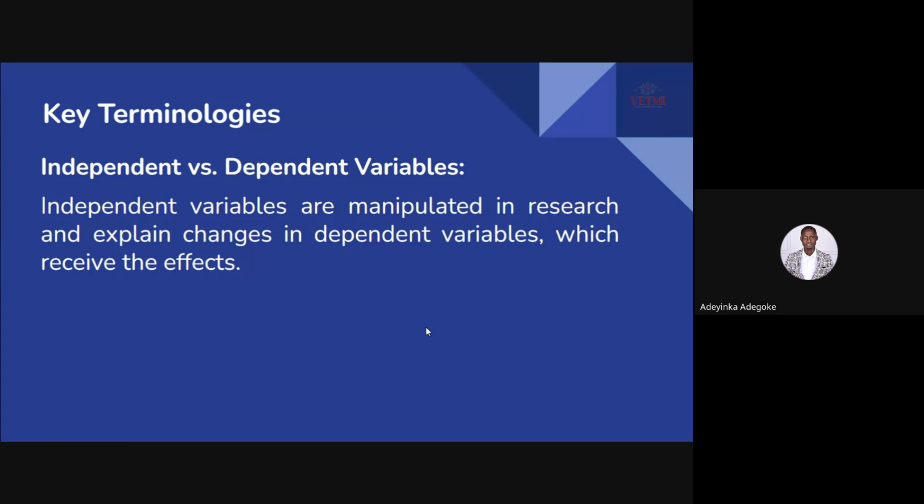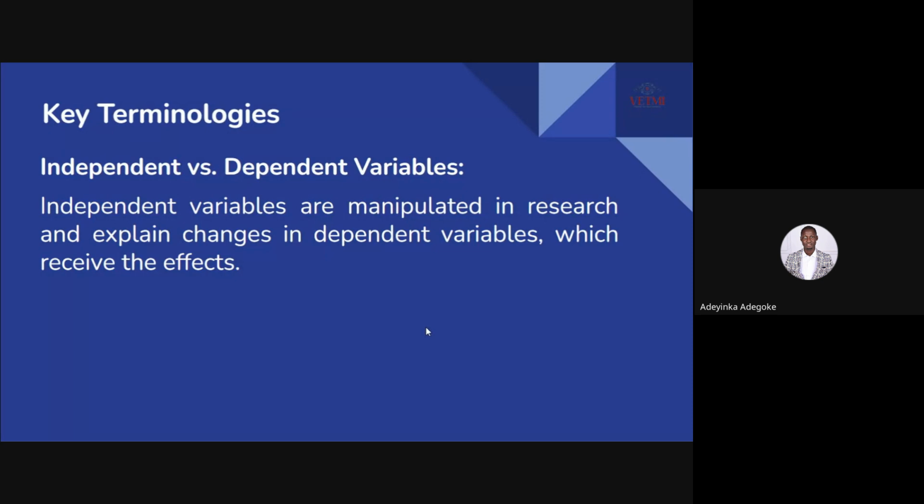Let's change it to 25. Let's change it to 30. And we now look at the effect on the number of children. So that is what we call independent versus dependent variable. Once there is a cause and effect relationship, we have the independent versus dependent variables.